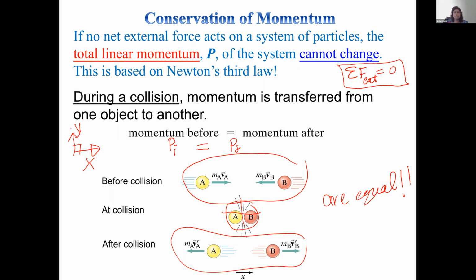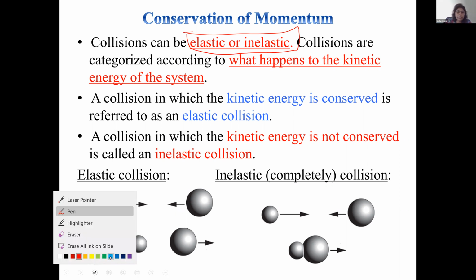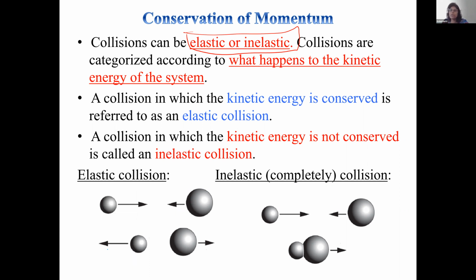Now, conservation of momentum gives us some information about your collision, right? What direction they will move and those things. But we're going to move into the collision now. Collisions can be defined as elastic and inelastic. The elastic and inelastic definition comes not from the conservation of momentum, but from kinetic energy conservation.